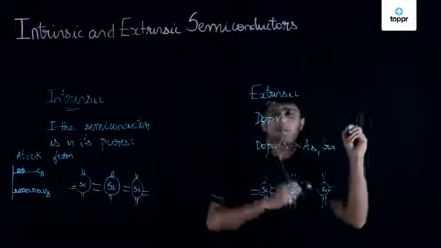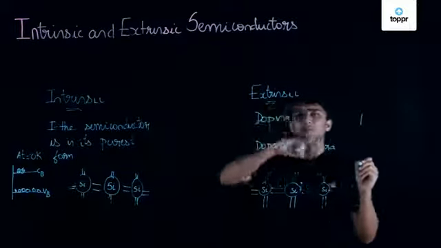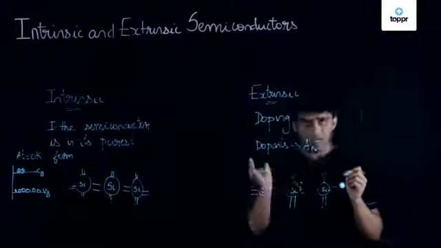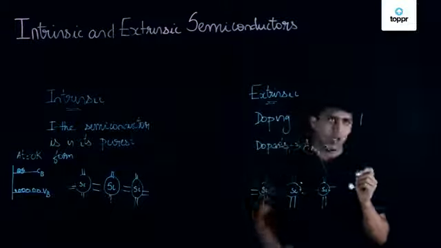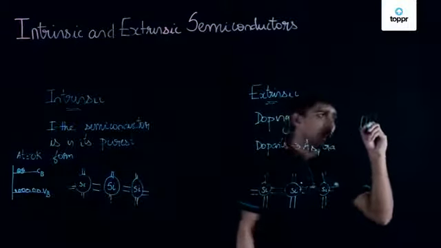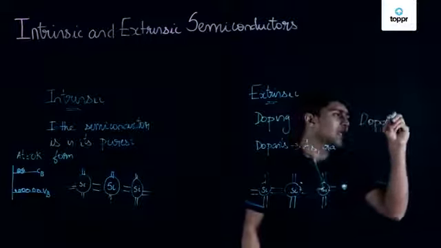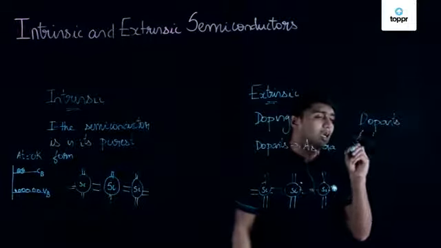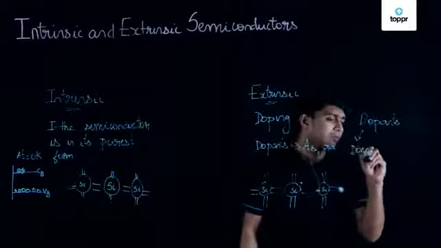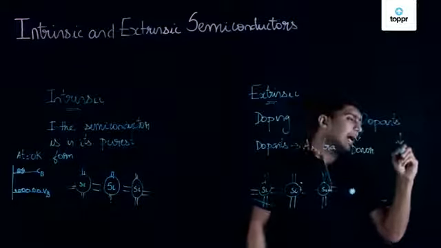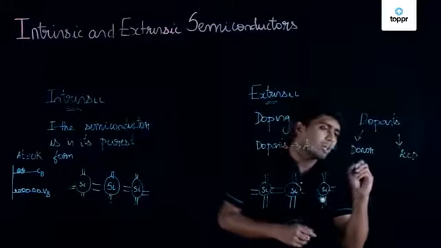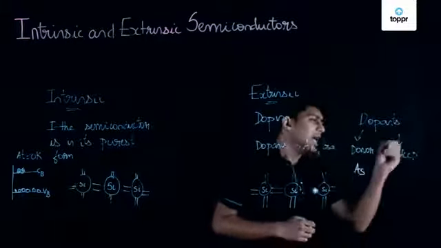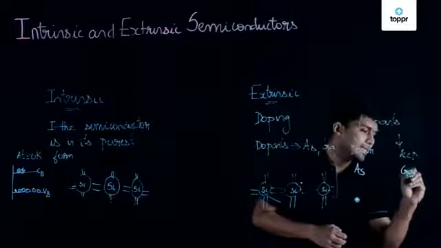We know that the process of adding impurity is called doping, and the materials which we add are called dopants. These dopants can be classified into two main types: donor dopants and acceptor dopants. An example of a donor dopant is arsenic, and of an acceptor is gallium.